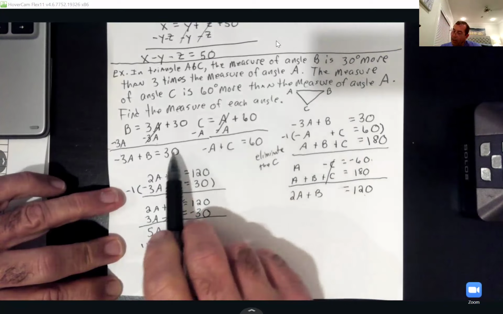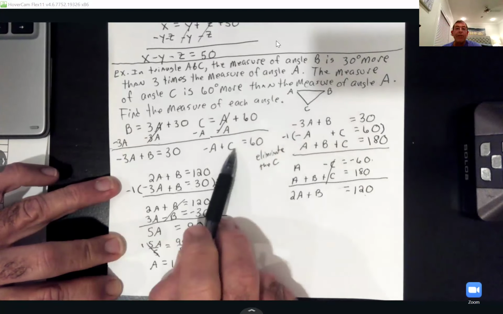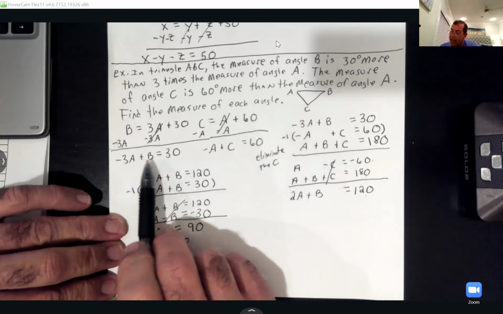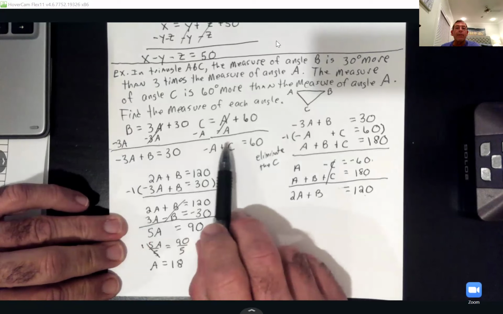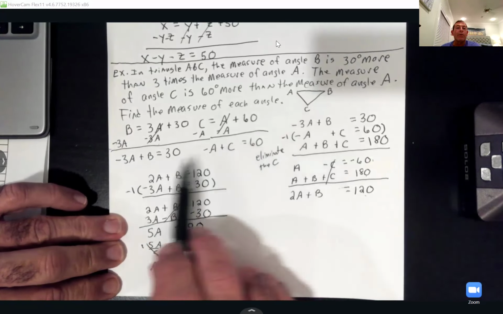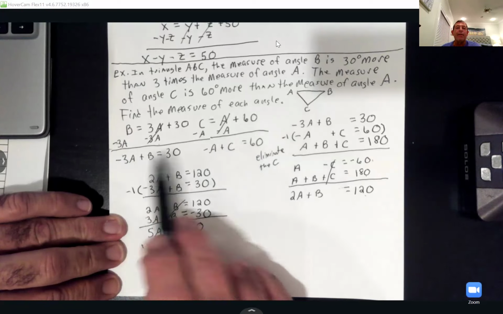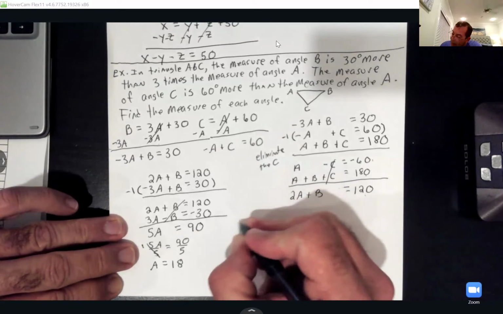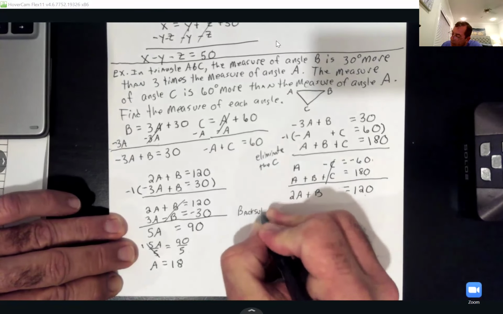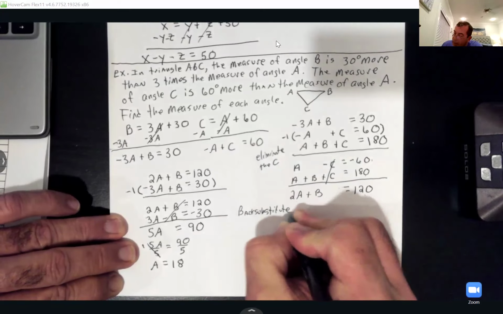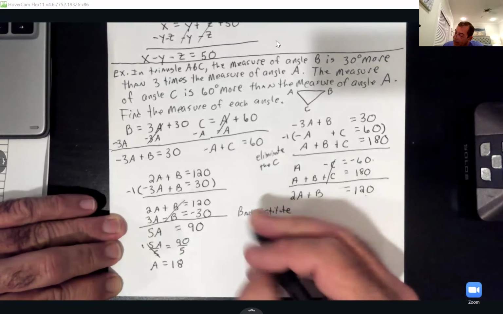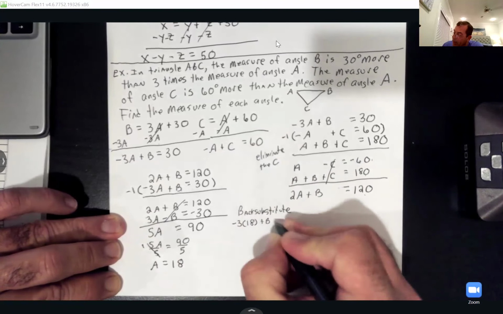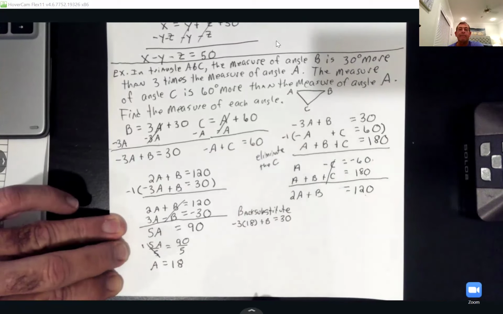So look, my original two equations. This one has an A and a B equal to a number. This one has an A and a C equal to the number. So I can find the B by plugging in for A here. I'm going to find the C by plugging in for A here. So we're back substituting now. So I'm going to put this 18 in for that A. So I got -3 times 18 plus B equals 30.